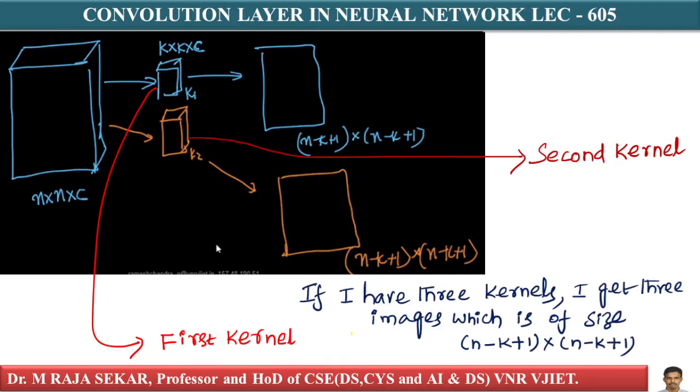If I have three kernels, for each kernel I get an image of size n minus k plus 1 into n minus k plus 1, so I get three images.